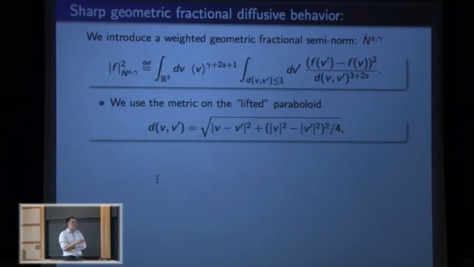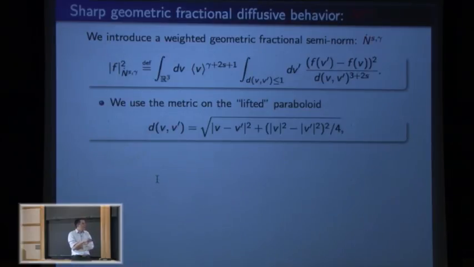If you consider a fractional order Sobolev space with no weights, then you think of D as the Euclidean metric on R3, then this is a fractional Sobolev space of order S. But we have a weight here. We have this V to the gamma plus 2S. There's a 1 there for technical reasons that I prefer not to describe.